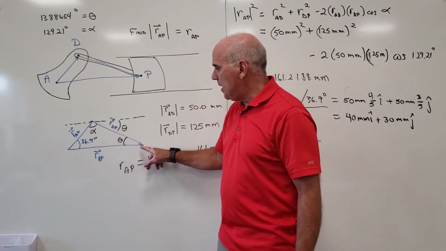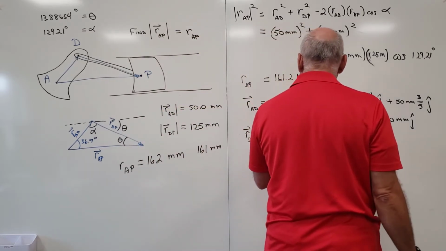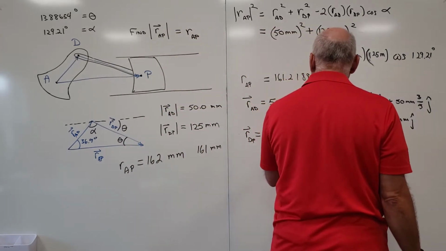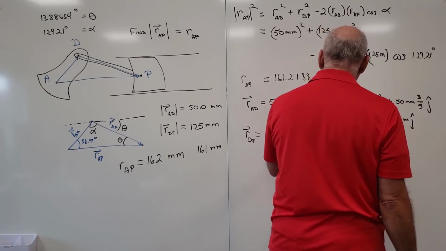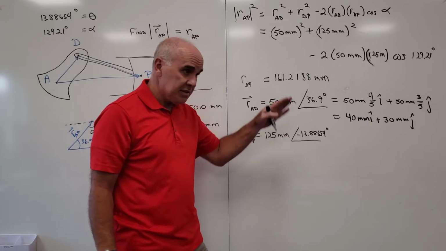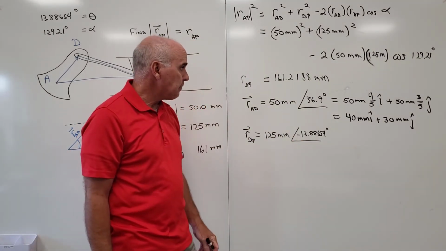So RDP points down below the positive x-axis, so minus 13.88654 degrees. Minus, because it's pointing below the positive x-axis, so that's negative.